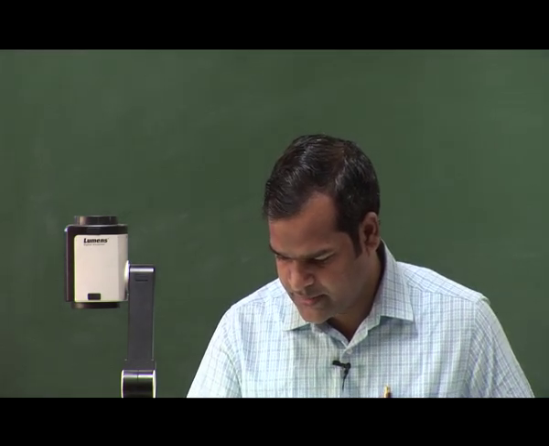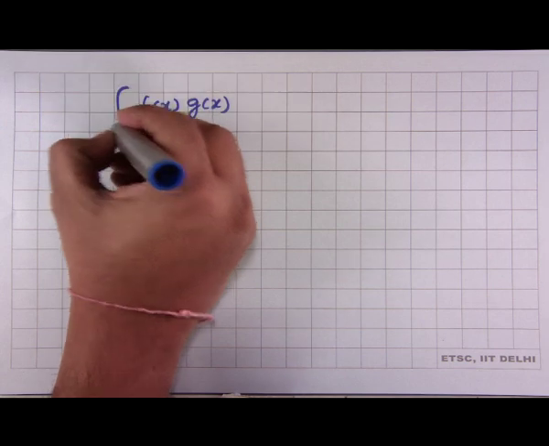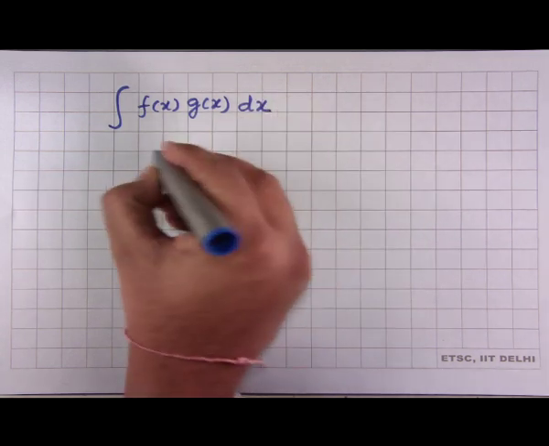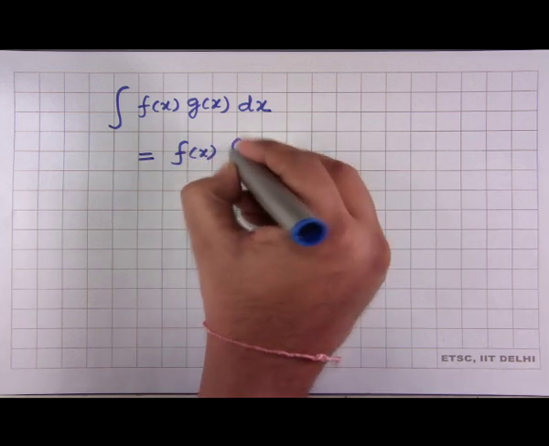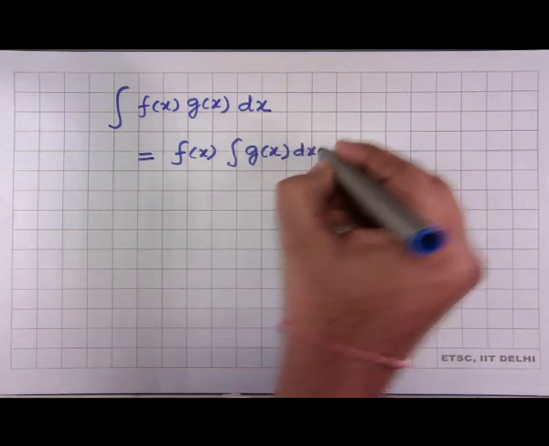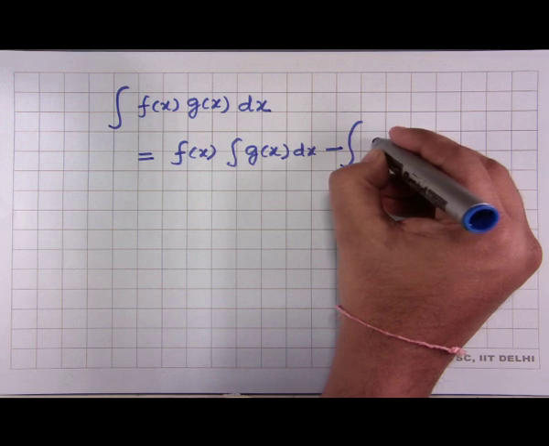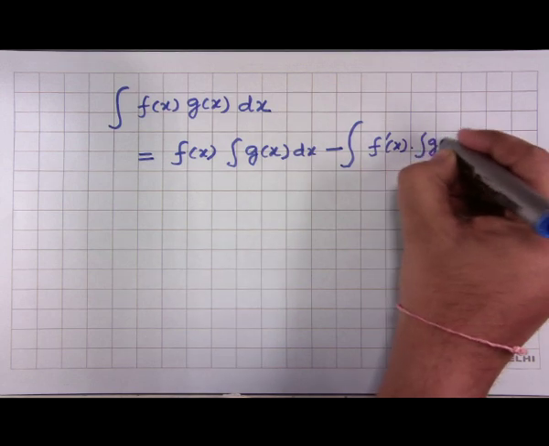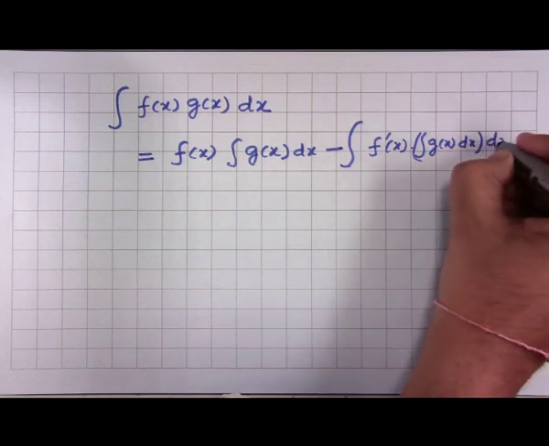So, for two functions f x and g x, the integration of the product is equal to f x integration of g x dx minus integration of the differentiation of f x, which is f prime x, times integration of g x dx, and then dx.